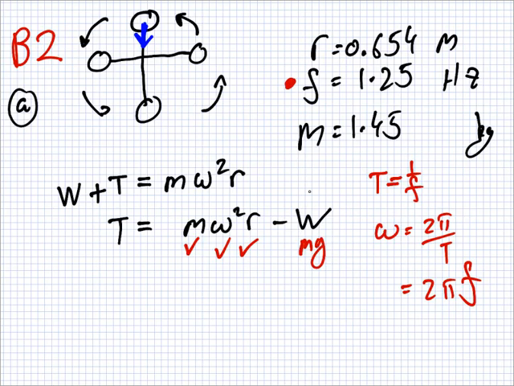Do we know the m? We do, so just type the numbers in. 1.45 times 2 times pi times f, minus m times g. I forgot the square on my 2 pi f.